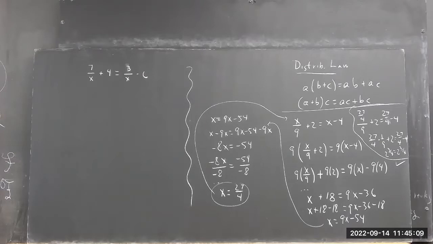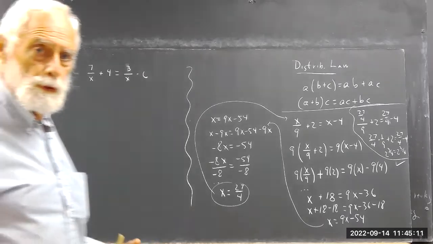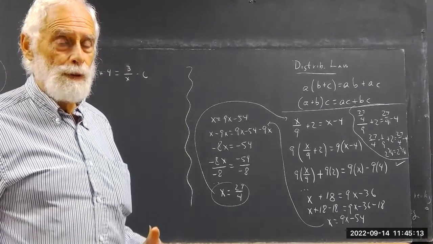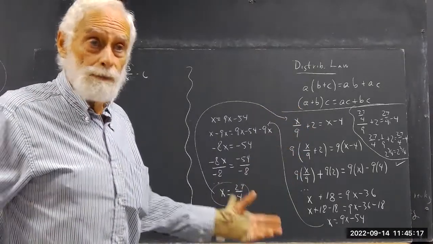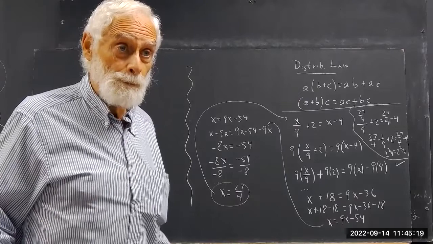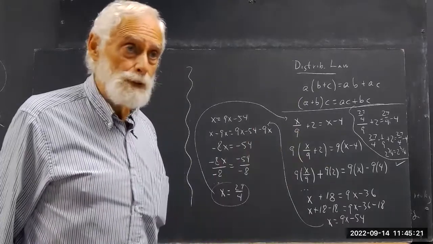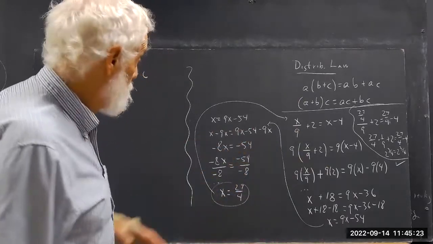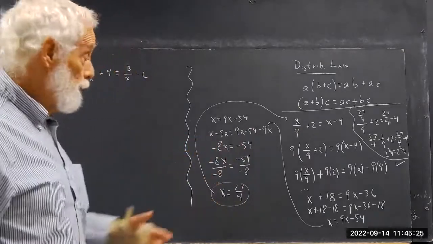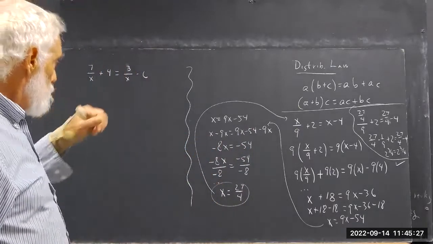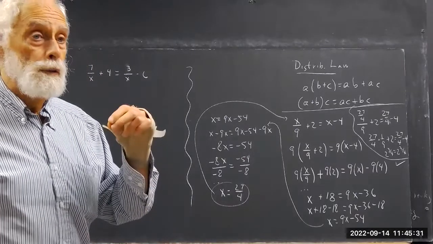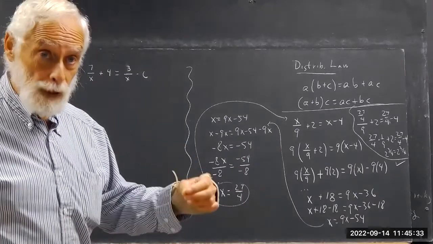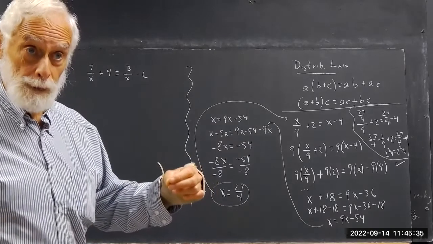Okay, now what's the rule that we're working on here? Well, there are a couple of them. There's the distributive law, but that's something that we assume everybody can use correctly. Some people need a little clarification, and that's fine. But the thing that we're trying to do here is multiply both sides by the denominator to get rid of the denominator.